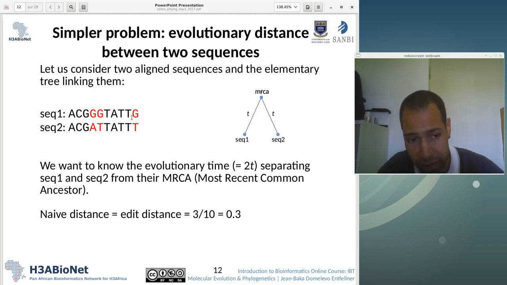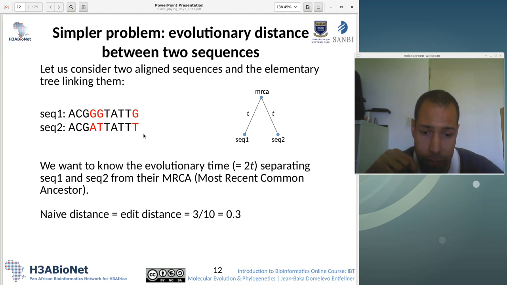What is your best guess at the evolutionary time separating these 2 sequences? We had a first naive distance that we calculated just by observing the ratio of sites having a mutation divided by the total number of sites.